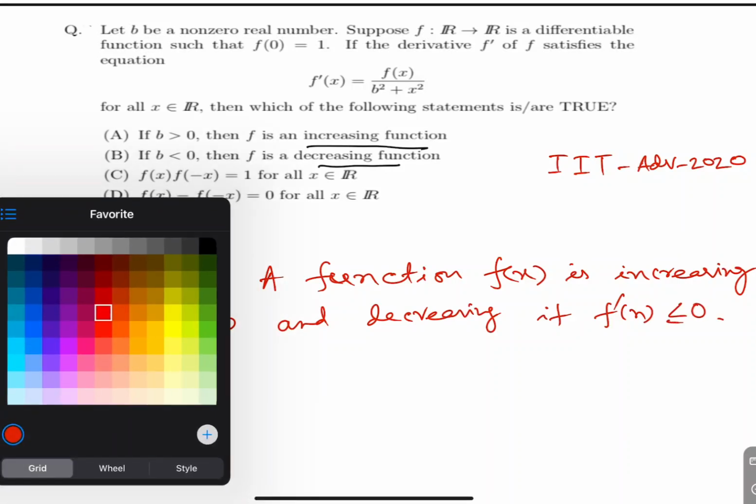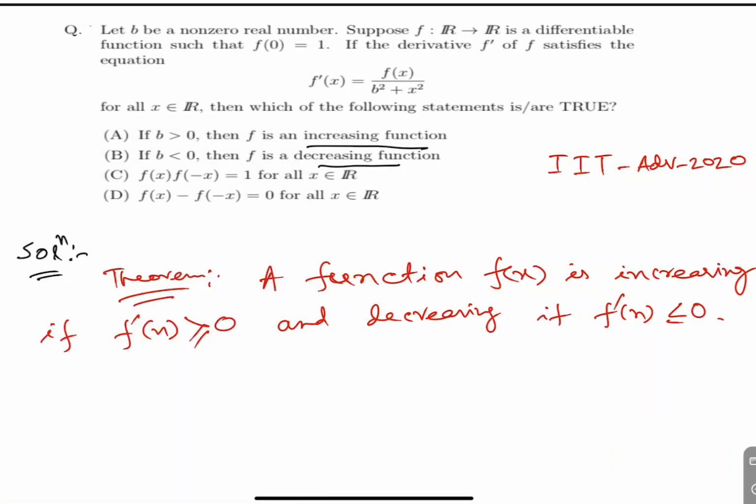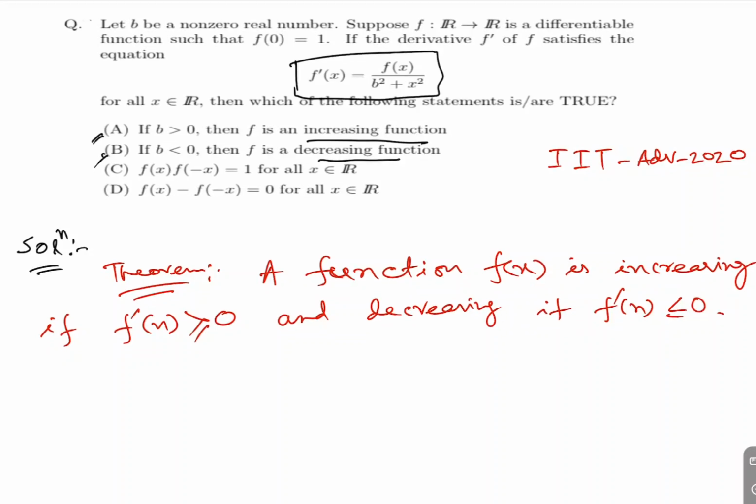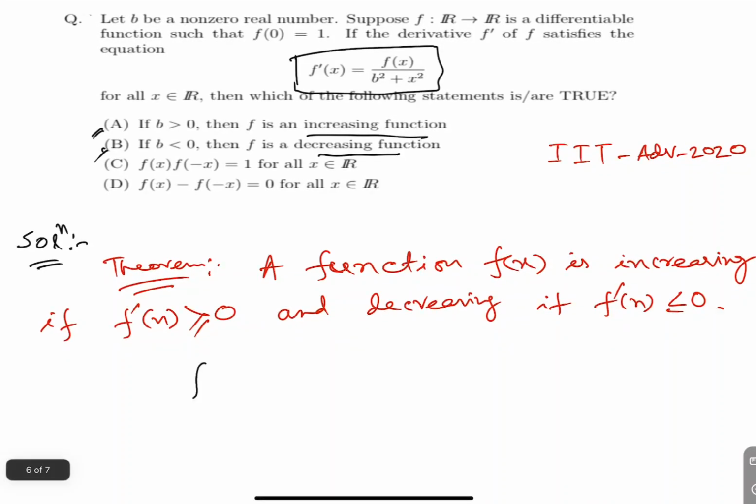So students, in order to check option A and option B, that is when this function f will be increasing or decreasing, we have to check the derived function, that is f'(x), whether it is positive or negative. Given f'(x) is of the form f(x)/(b² + x²).